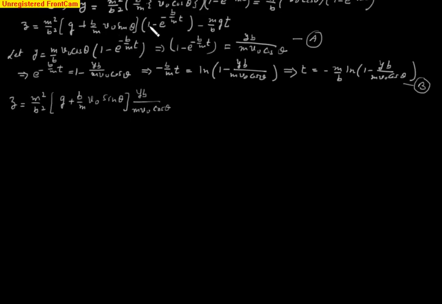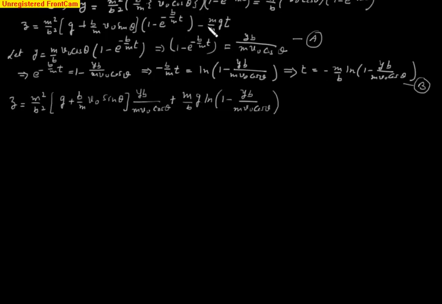So in this equation I have put this value here, minus m over b g into t will come from here, so it is minus sign, a minus minus will become plus here, so we get log of inside 1 minus yb over m v naught cos of theta.